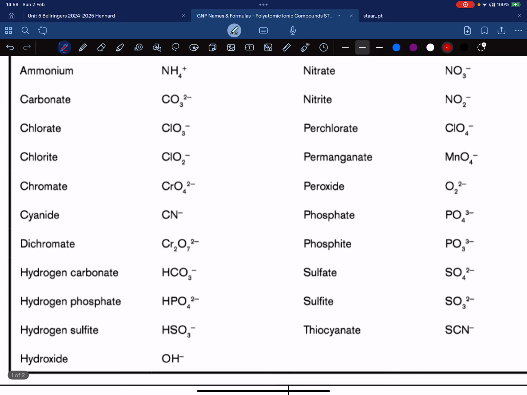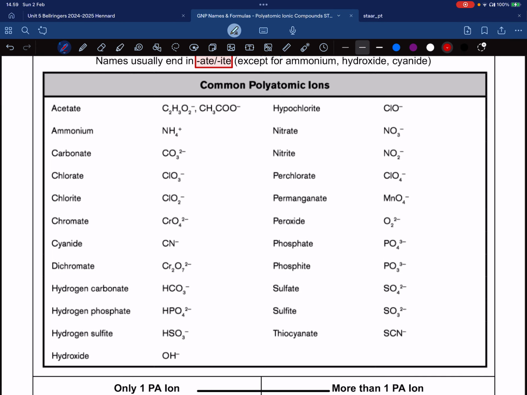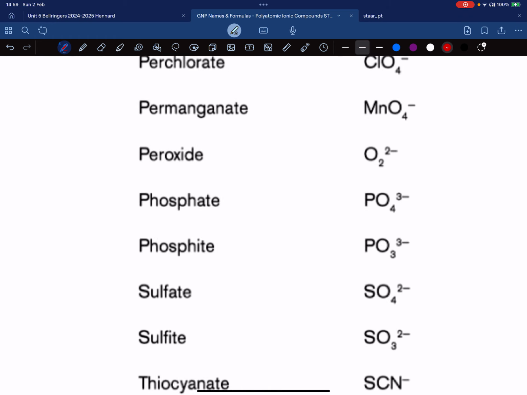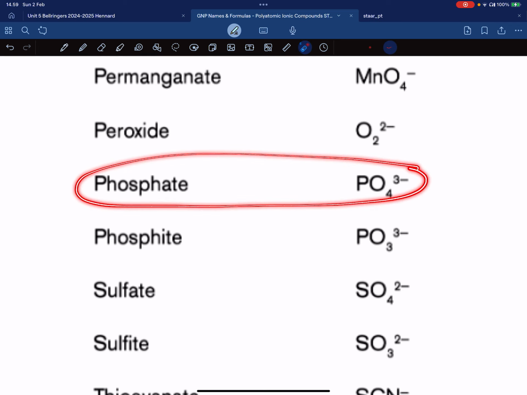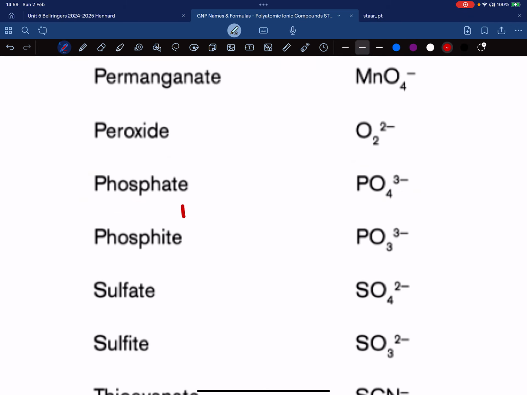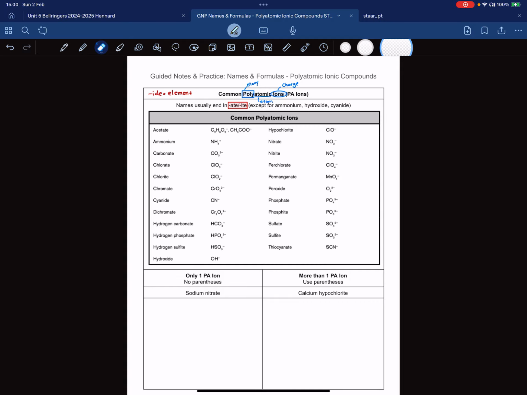So, for example, phosphate is PO4 3 minus, but phosphide is just P 3 minus. All right, and so that's going to be important for us moving forward.